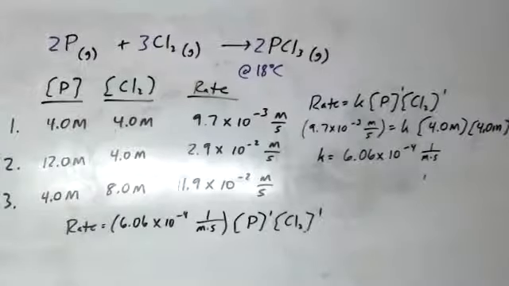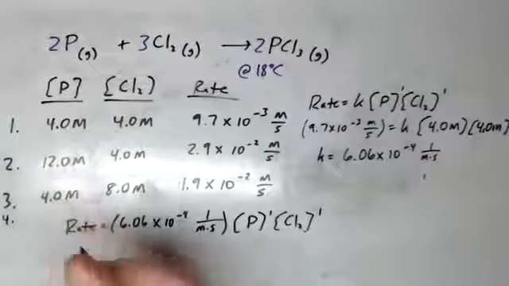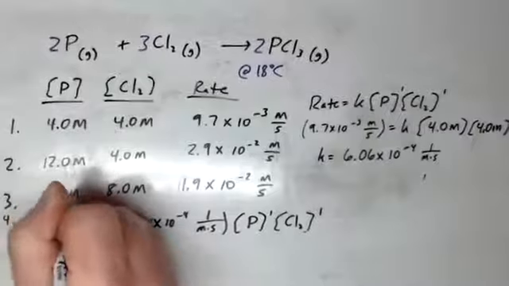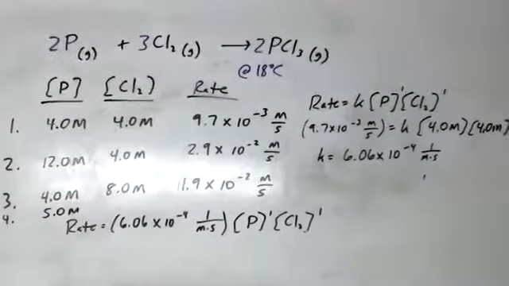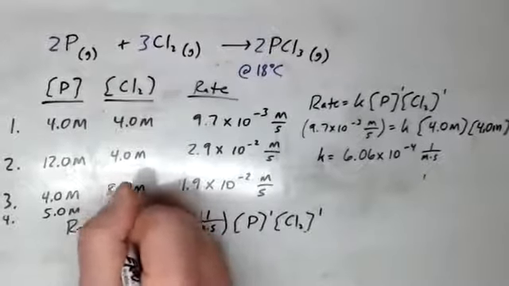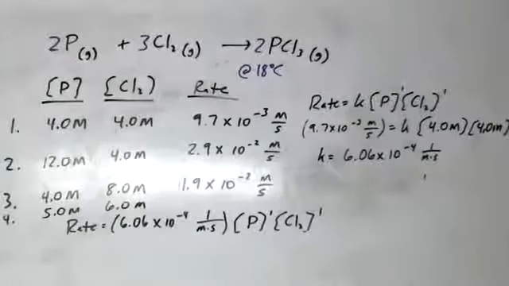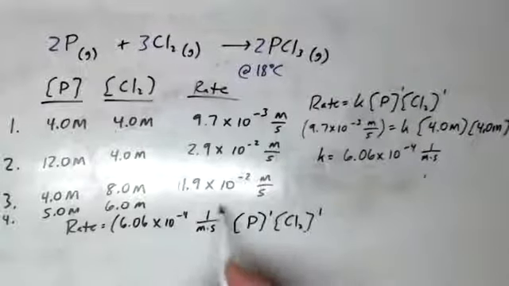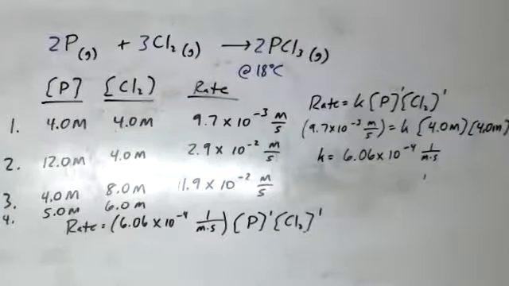So given this, let's try a fourth experiment where we have a concentration of phosphorus that's 5.0 and a concentration of chlorine that's 6.0. Go ahead and plug that in there and see what the rate should be theoretically. Try that for a couple minutes.